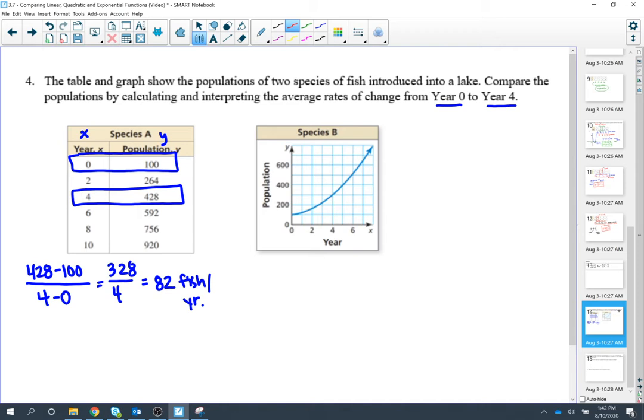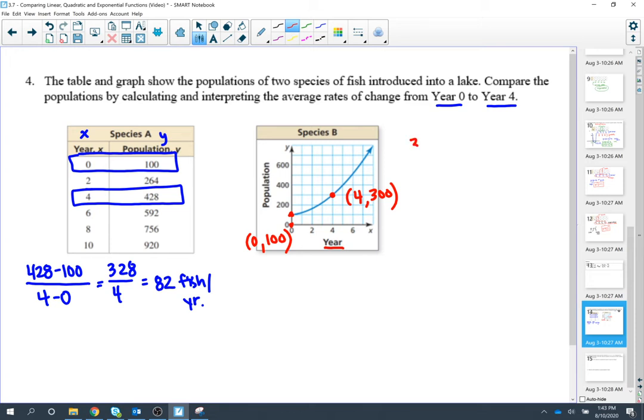Now, species B. This time we're given a graph, a little bit harder. Year 0, years are down here, so year 0, we're about right here. So I'm thinking that's at about 0, 100. Year 4, up here, so I'm thinking 4, 300. And then we can do the same thing.